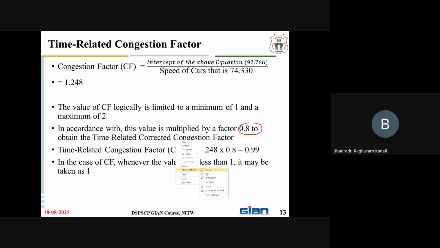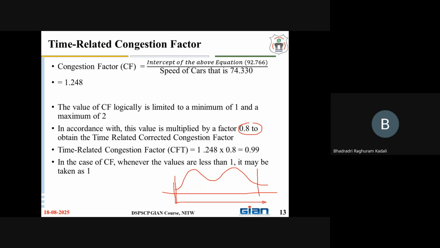So if you see, most of the time, if I'm taking the peak hours corresponding to our traffic volume, for the 24 hours, it is expected that 80% of the time the vehicles are occupying the given stretch of the road. Mostly there are two peaks we may expect, that is the congested case, where the volume is exceeding the capacity of the road. There are only two times the volumes are exceeded.